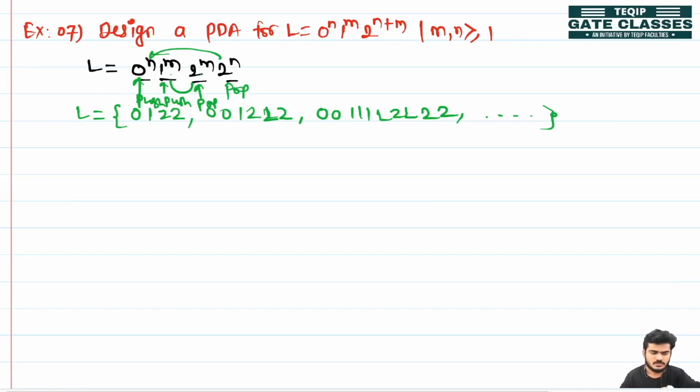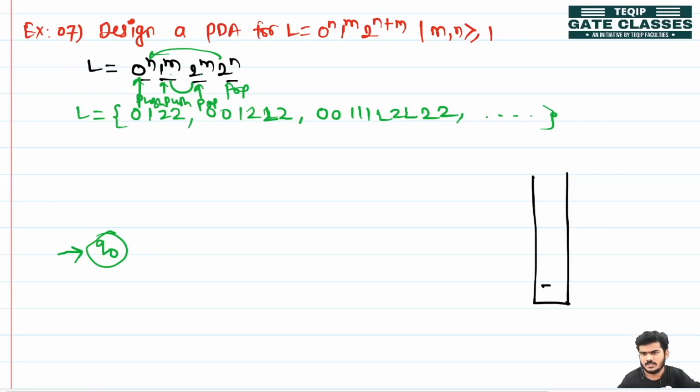Now our PDA becomes, so we are in state Q naught, and this is the stack, and the top of the stack is now Z naught. Suppose this is my string, and finally I am adding epsilon. Whenever 0 occurs, I have to push.